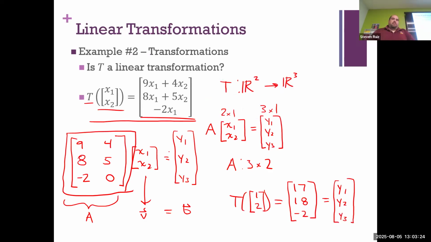So here was our starting place. This right here is basically the recipe, like the formula for what this transformation does. We already went over the fact that this is linear. And what kinds of things does it transform? It transforms vectors in R2 into vectors in R3.